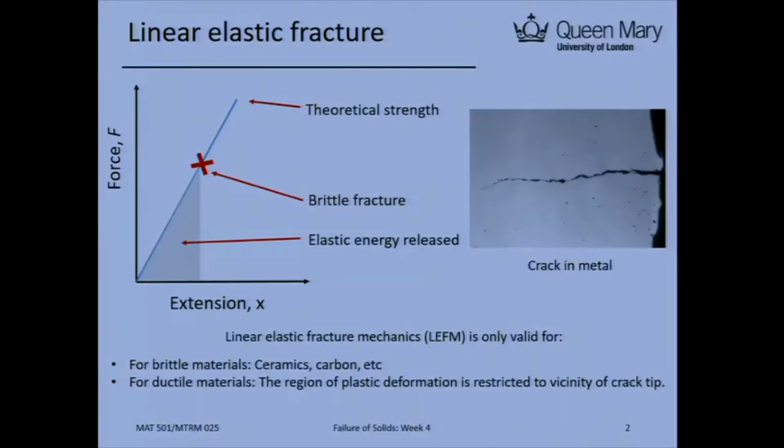For some ductile materials, we can still think of them as linear elastic as long as the plastic deformation, for example at the crack tip, is restricted to the vicinity of the crack tip. It does not grow hugely, but is limited to a small region, so it is still like a linear elastic material.